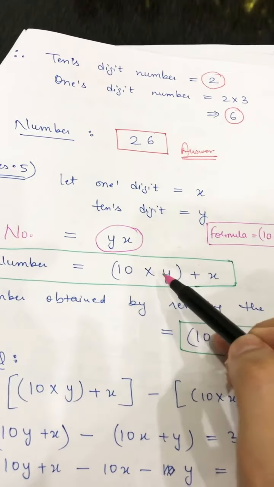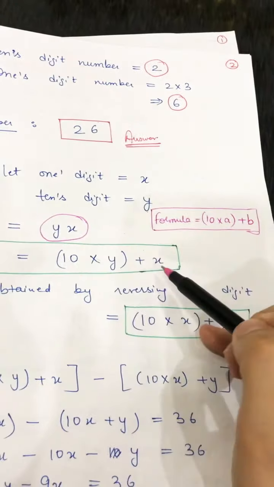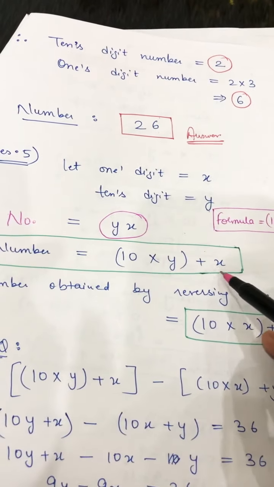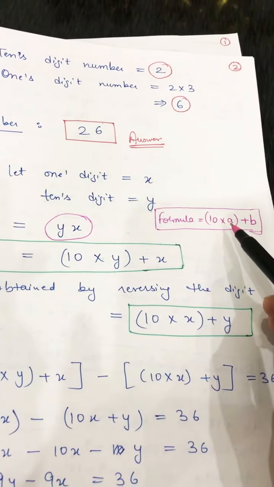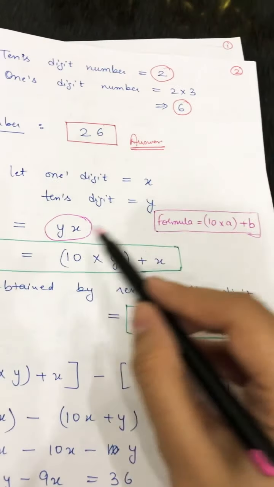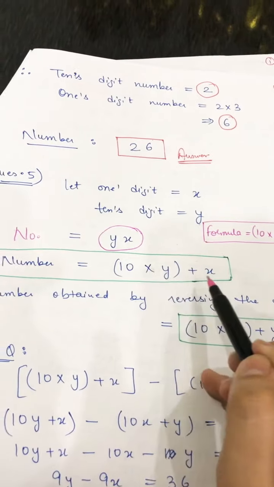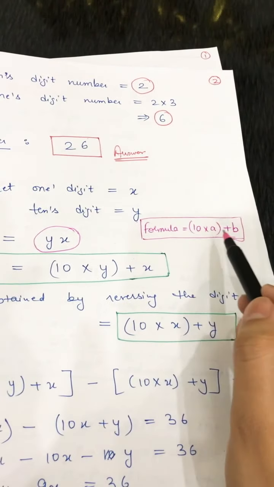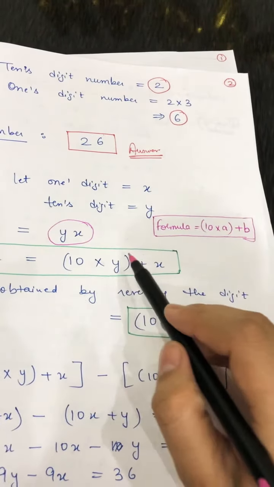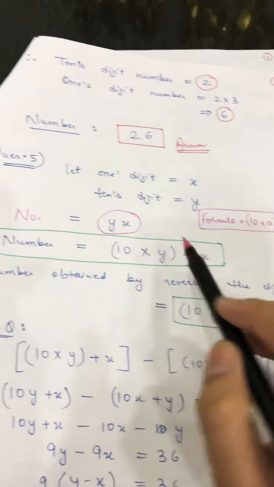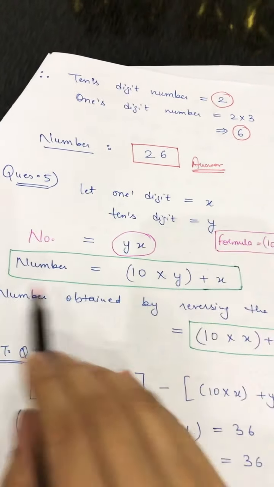Your a is y and b is x. Got it? According to the number you have to write a as y and b as x. So this is your actual number, 10 multiplied by y plus x. This is the formula. For a you write y, for b you write x. This is the actual number.